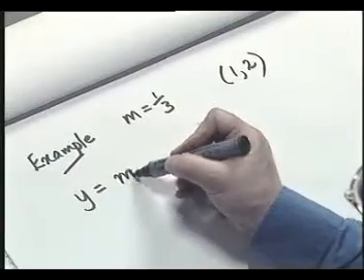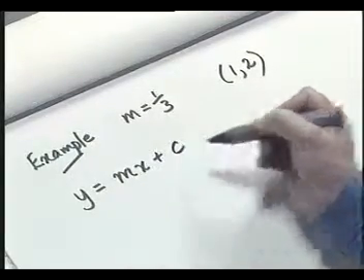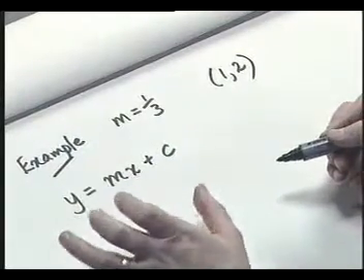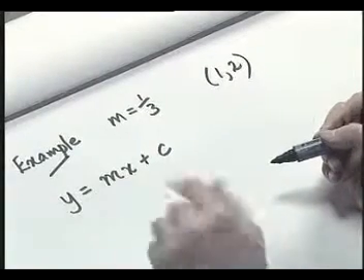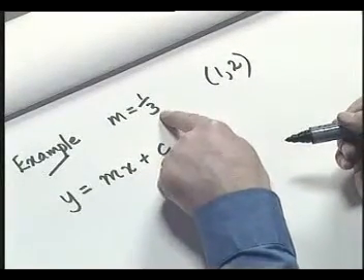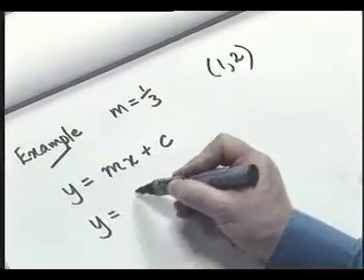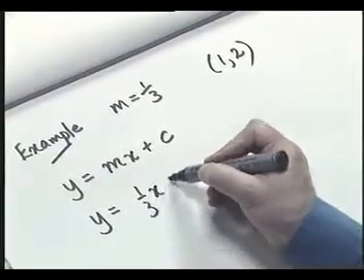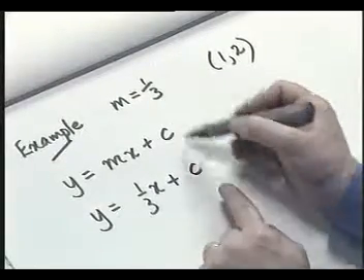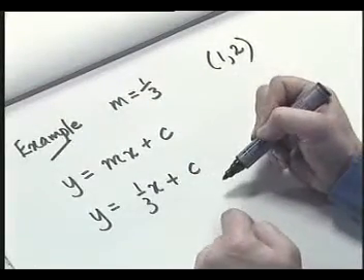Start with our general form, y equals mx plus c, and we'll put in the information that we already know. We know that the gradient m is a third, so we can pop that in here straight away. We don't know the vertical intercept. We're going to have to do a bit of work to find that.